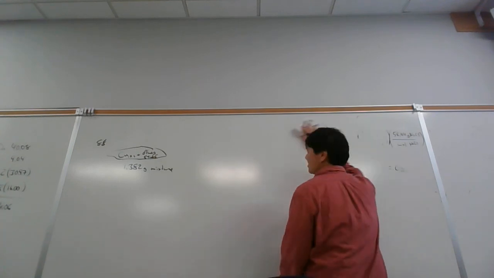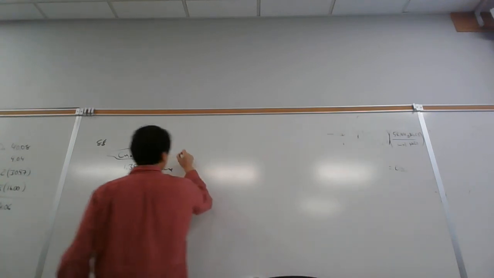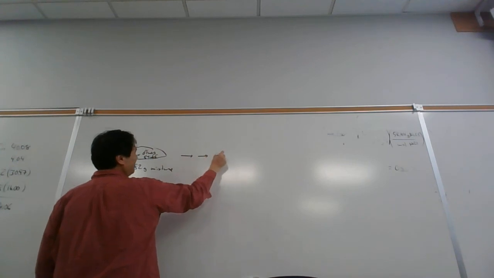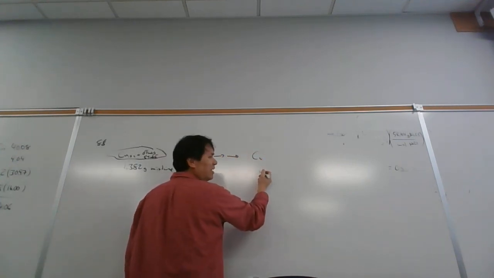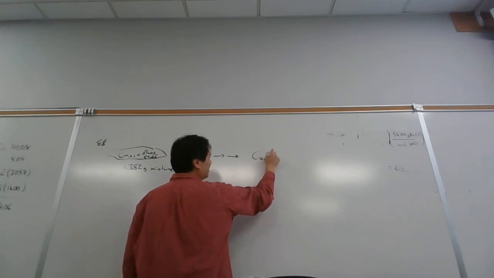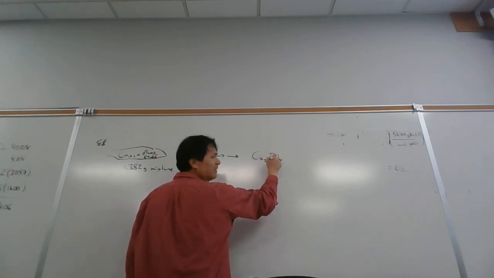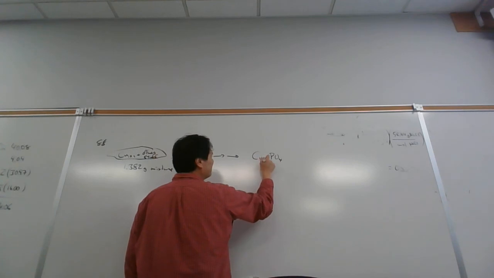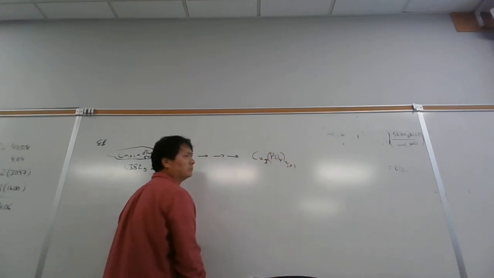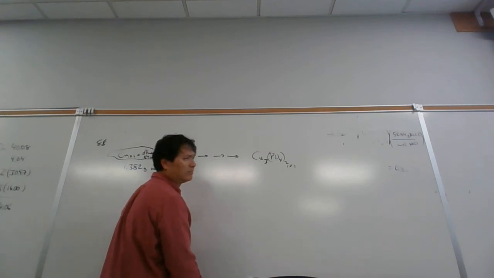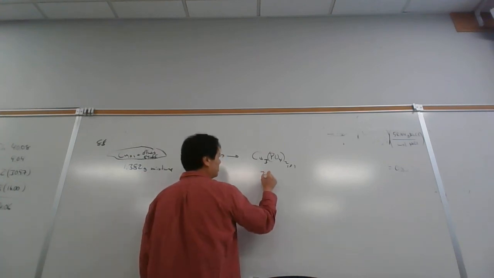The impure copper is going to go through a bunch of steps and eventually ends up at this copper 2 phosphate. And we end up with 2.637 grams.